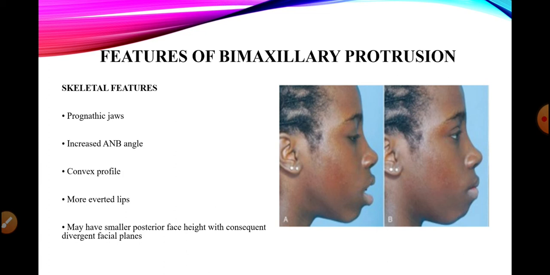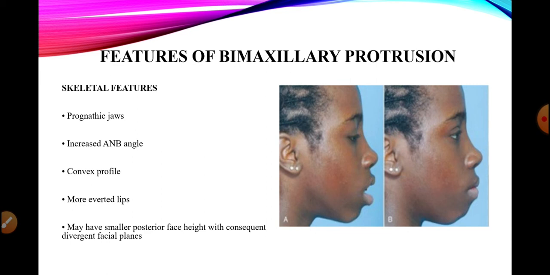That is, the maxillary and the mandibular jaw may be prognathic, with an increased A and B. By A and B, we mean the angle present between the maxilla and the mandible when we are comparing them in the anteroposterior plane. Therefore, anteroposteriorly, the angle between the maxilla and the mandible may be increased.